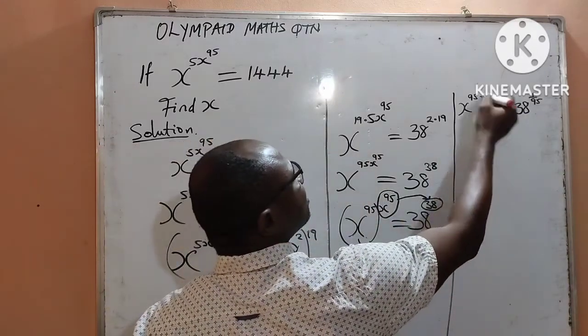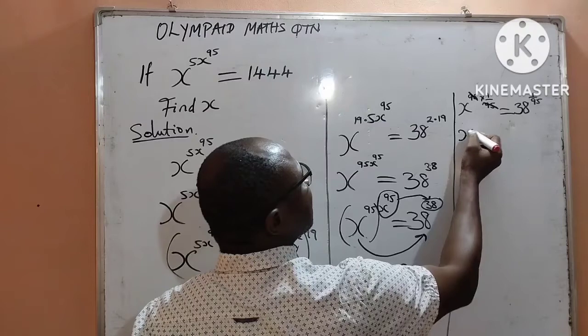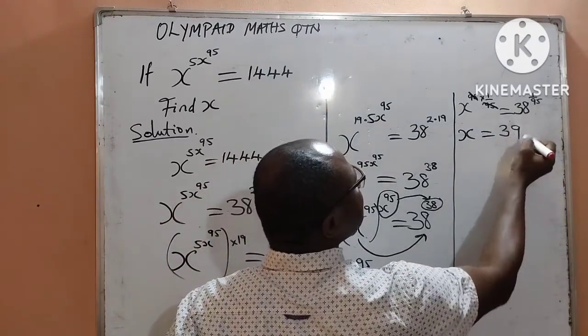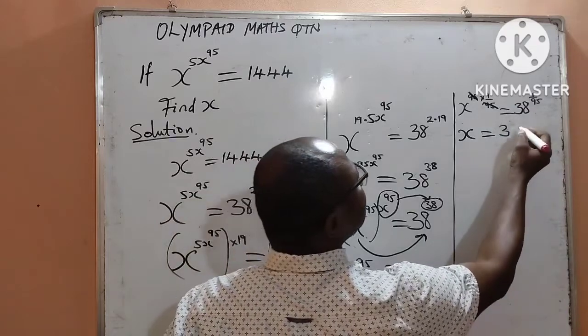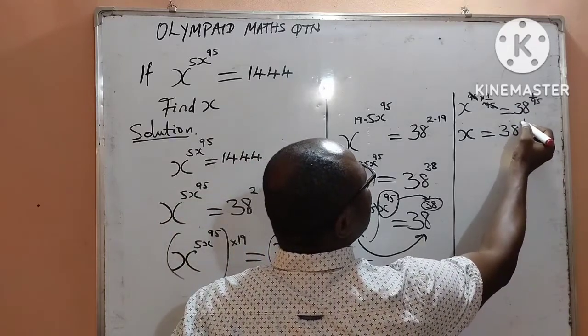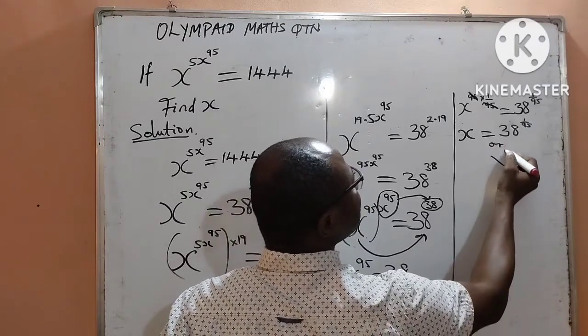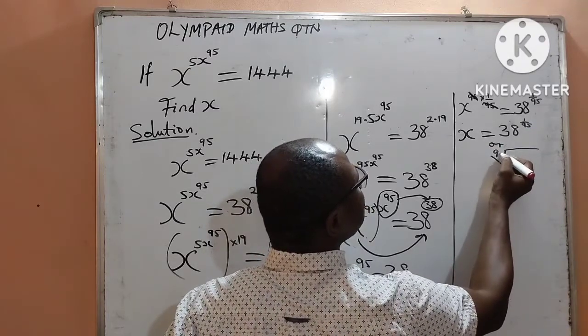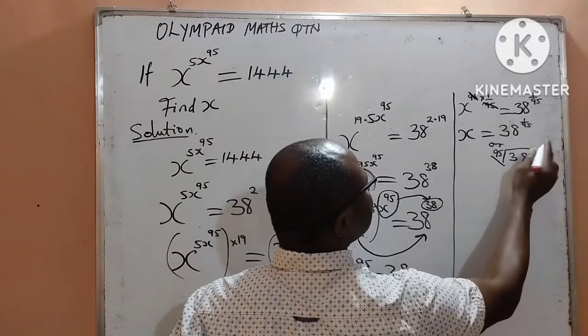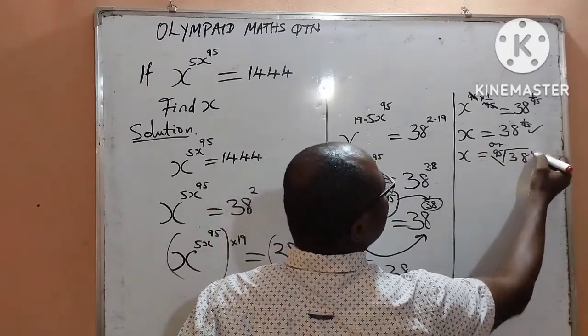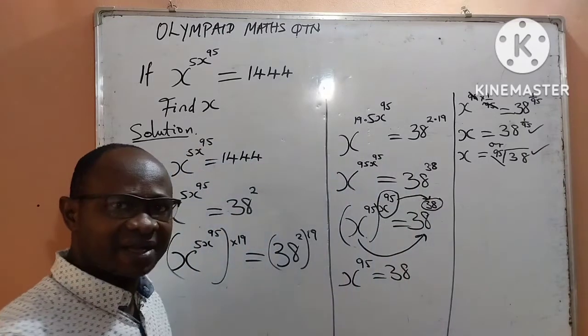I can now cancel 95 and 95 to get my value of x equal to 38 to the power of 1 all over 95. Or we write it as the 95th root of 38 equal to x. Either this or this is our final answer.